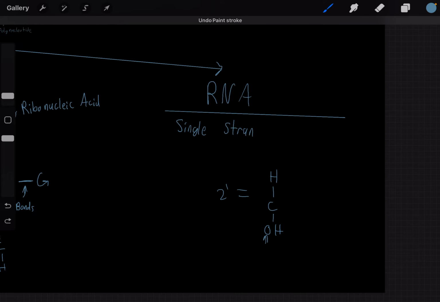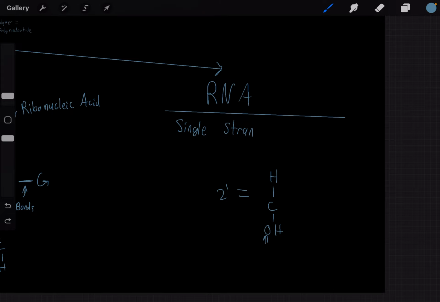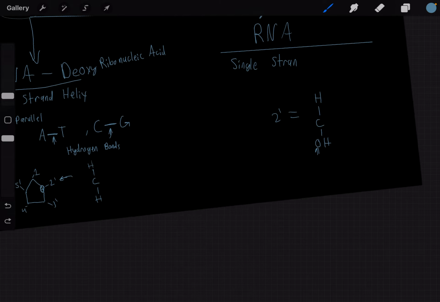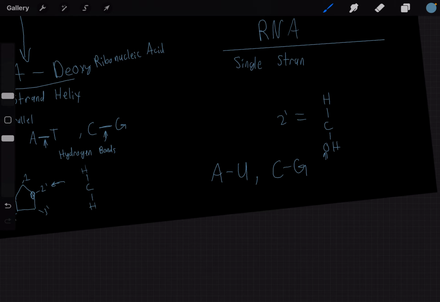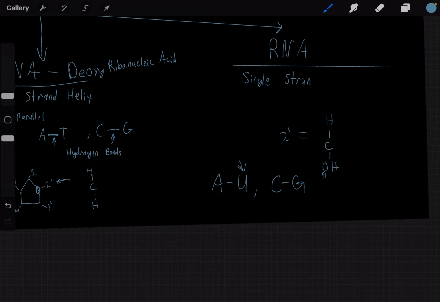It's going to have the oxygen at the second prime, and the nitrogenous bases follow: A with U and C with G. So the only thing that changes is the T. RNA does not have the T, but it has uracil, or U, and it always goes with A. C with G stays the same for RNA and DNA. The only thing that changes is DNA has thymine, the T, and RNA has uracil, the U, and they both connect to the A.